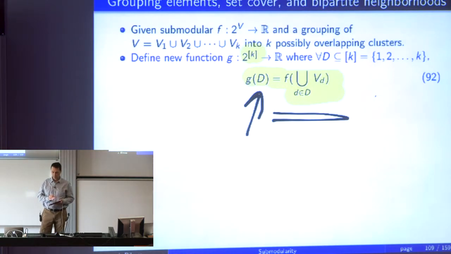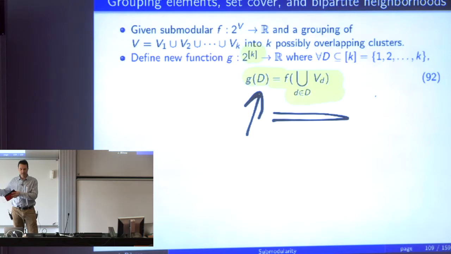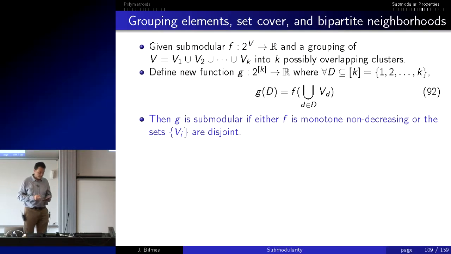Okay. So that potentially could be a submodular function. That's a set function, right? It's a set function on one domain, namely subsets of the integers from 1 to k, defined based on another set function, namely a set function based on subsets of V. So this is the subset of V guy, and this is the subset of integers 1 to k.